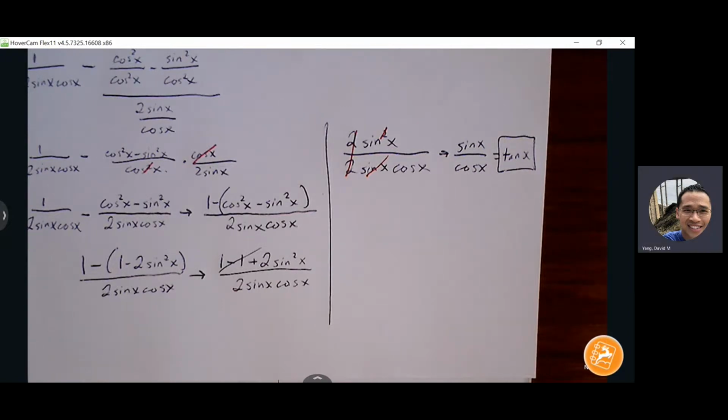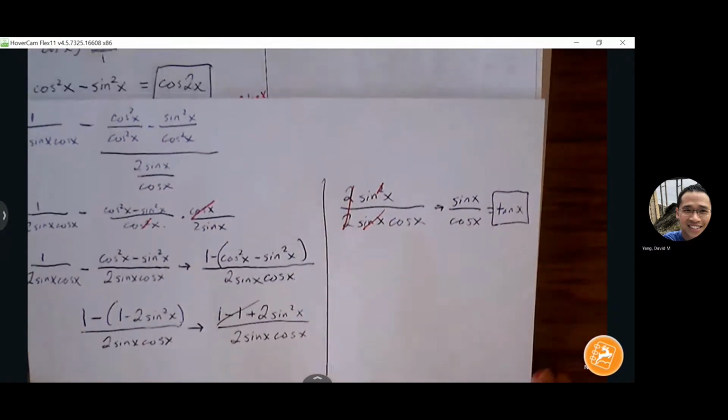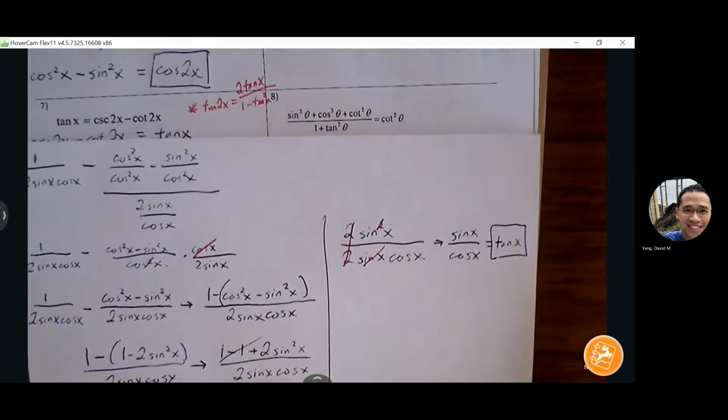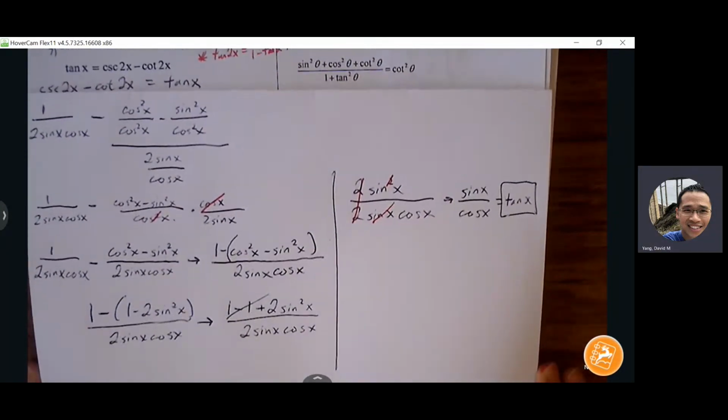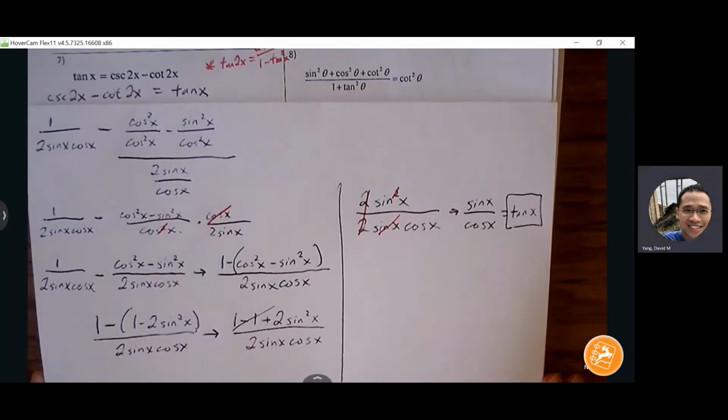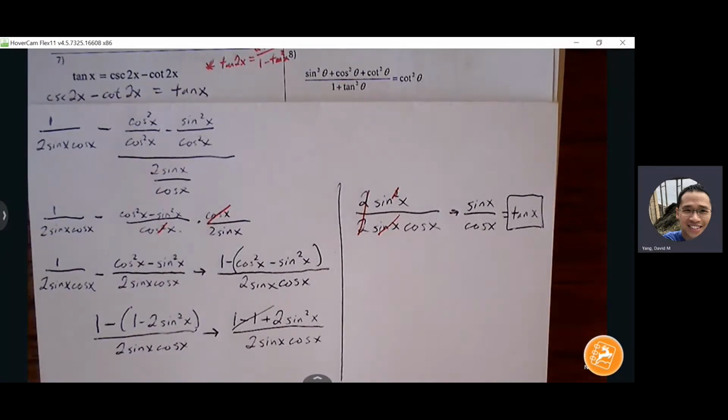Okay, take a look at number 8. Anything catch your attention about this problem?